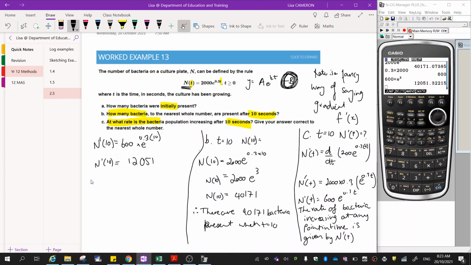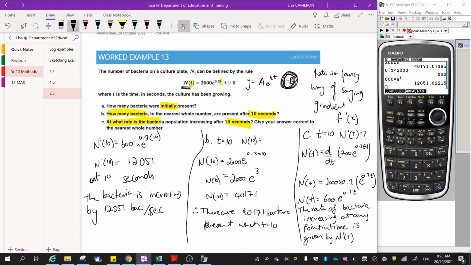So at 10 seconds, the bacteria is increasing by 12,051 bacteria per second.